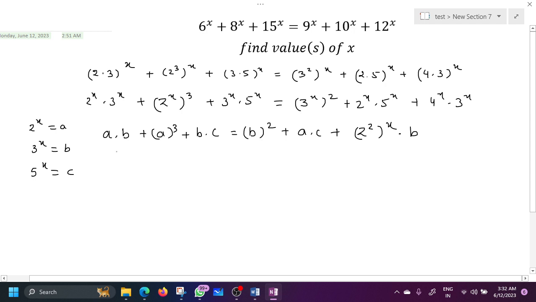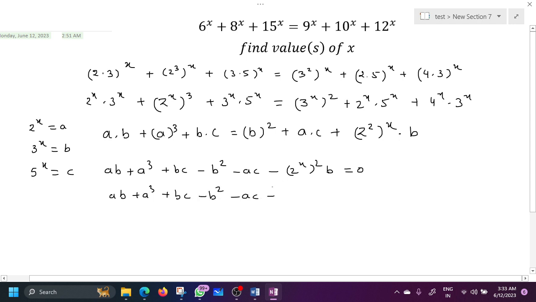Let us take everything on one side. So you have AB plus A cube plus BC minus B square minus AC minus A square B equal to 0.